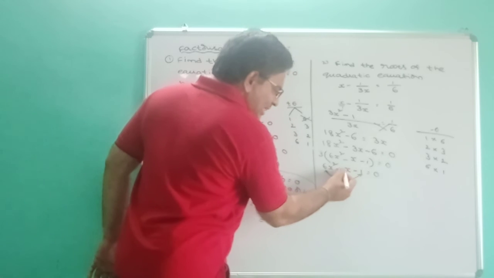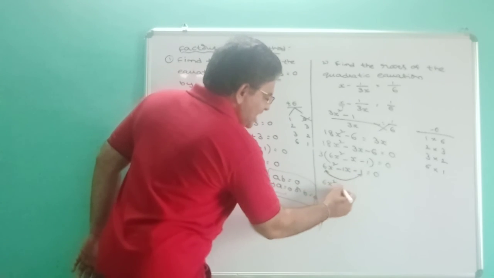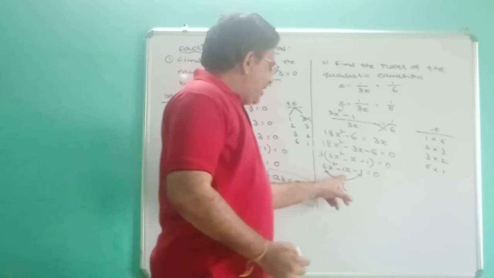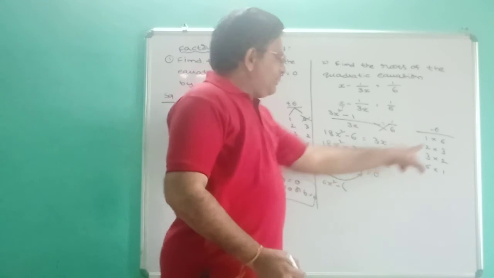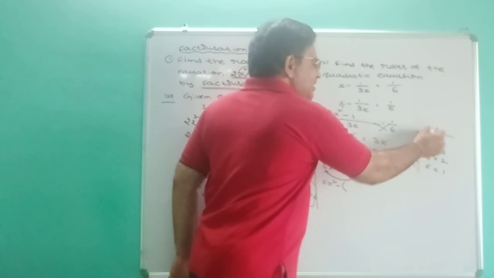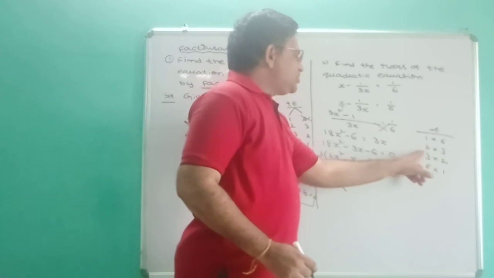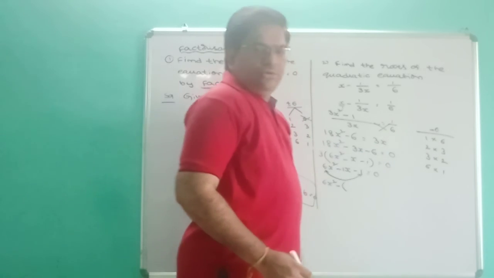Now here there is no value, that means 1. 6x square minus as it is you write. Now 1, how to write 1? By using this combination, don't confuse. Here the symbol, what is the symbol? Minus. So 3 minus 2 is 1, or 3 minus 2 is also 1.